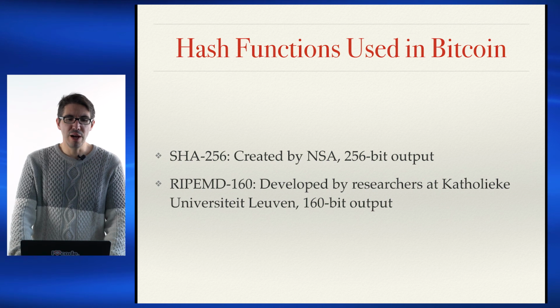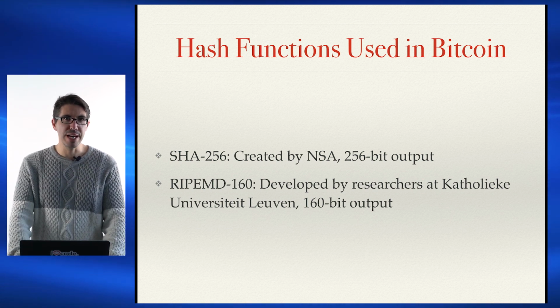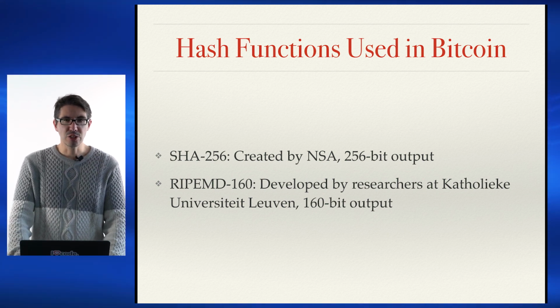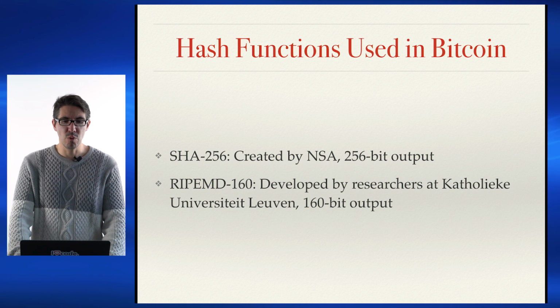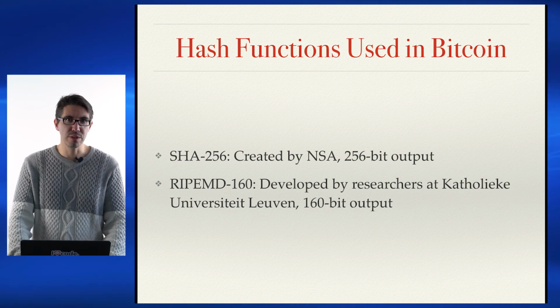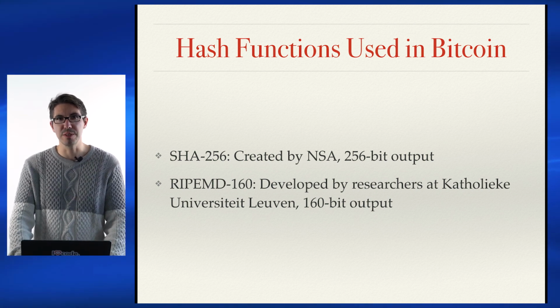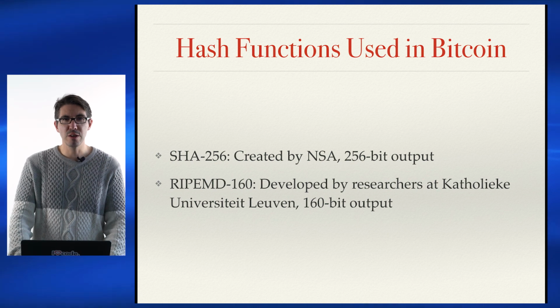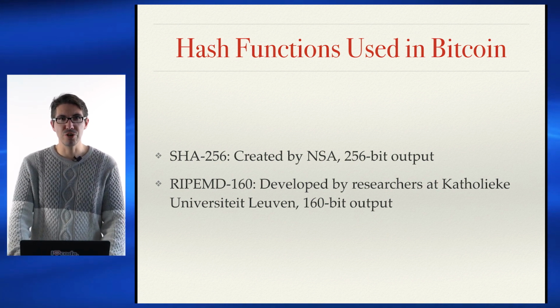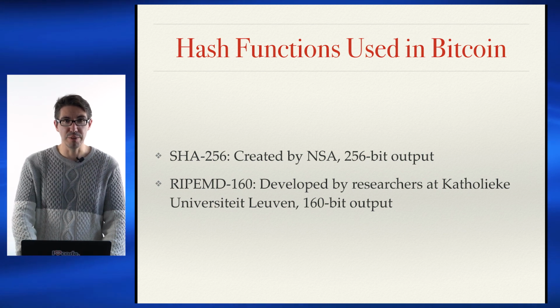There are a few hash functions used in Bitcoin, and there are a lot of variations of these used in other blockchain technologies. SHA-256 and RIPEMD-160 are both used very often for different purposes in Bitcoin. All of these are good cryptographic hash functions that don't have any major known vulnerabilities.